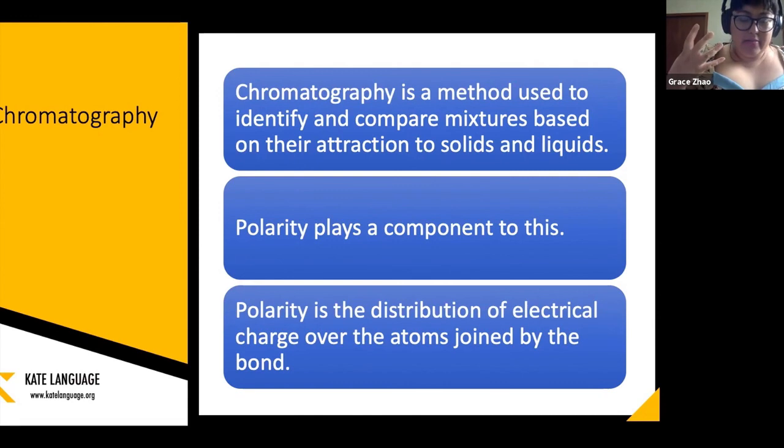So when you think about polarity, think about, will things want to separate or will things want to stay together? And in chromatography you're kind of forcing it to separate. Like you want to break it up and see what is coming out of something.